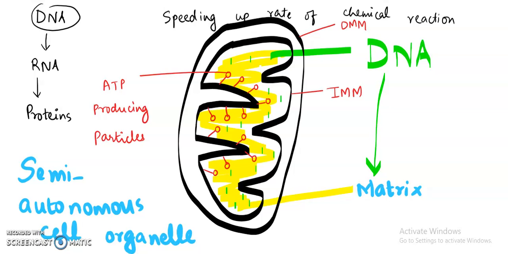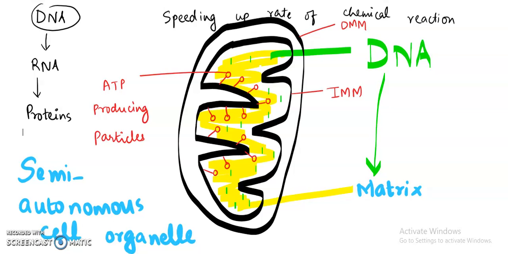Similarly, the cell has to sustain. When a cell has to sustain, it requires energy, and that energy comes from the mitochondria. The greater the number of mitochondria in a cell, the more will be the ATP production. The more the oxysomes in a mitochondria, the more the ATP production in a cell.